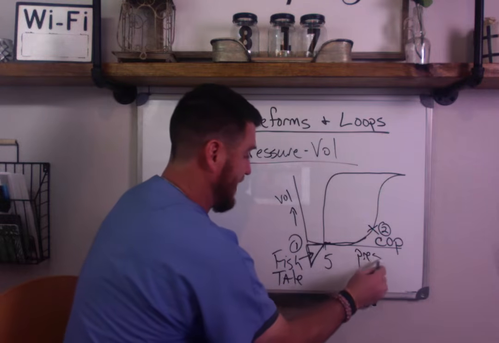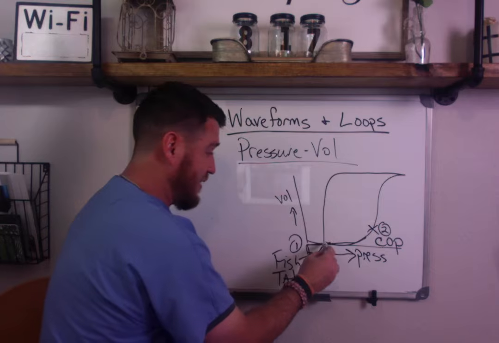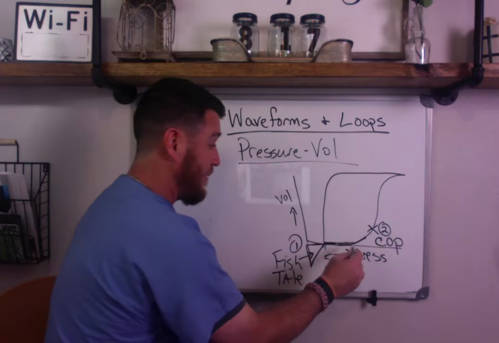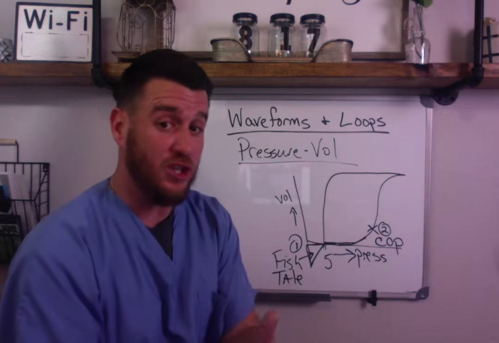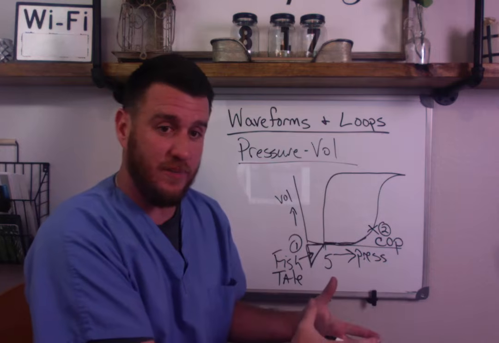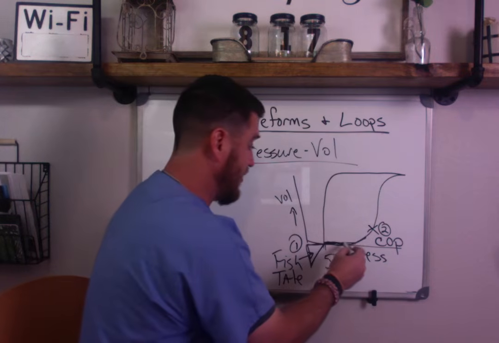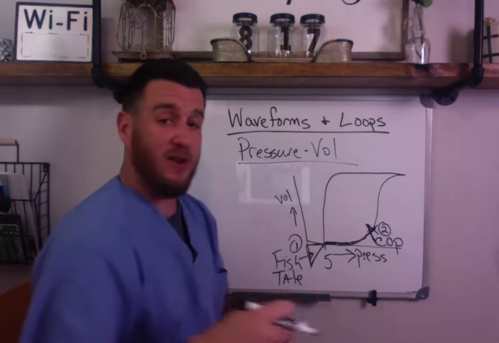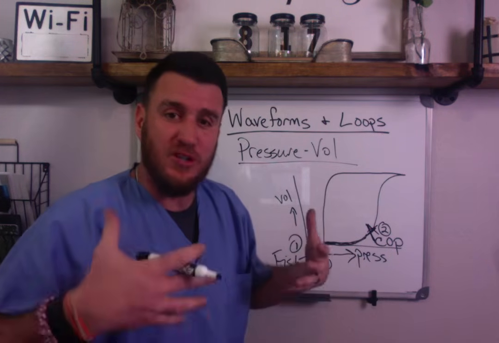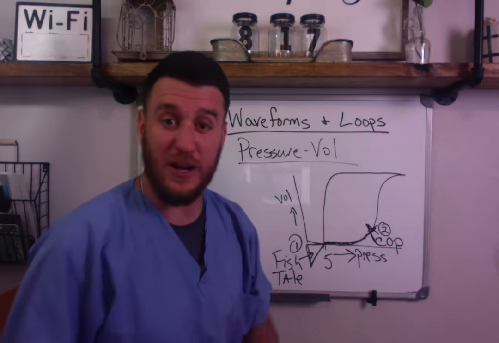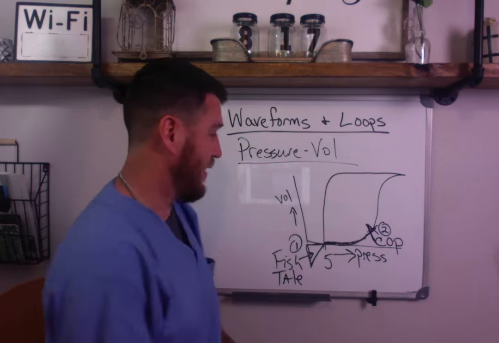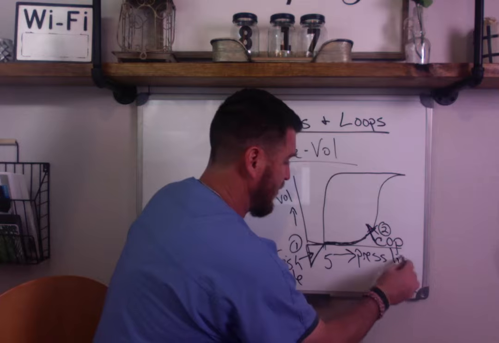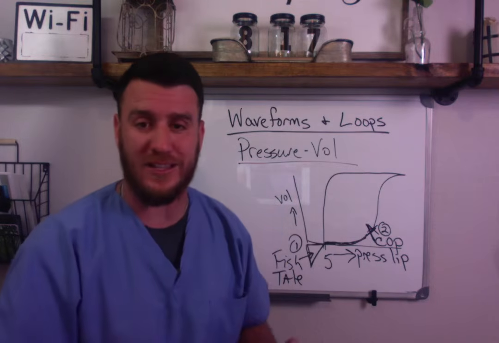Pressure is along the x-axis. So anytime it's moving lateral and not up, then you have an increase in pressure without very much volume change. So at this point, you can see, I'm going up now, right? This means the alveoli have popped open and they are ready to receive volume with very little pressure change from this point, okay? And this is also referred to as the lower inflection point.